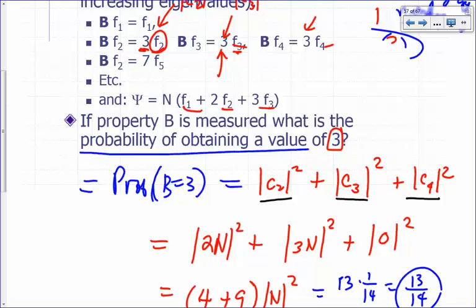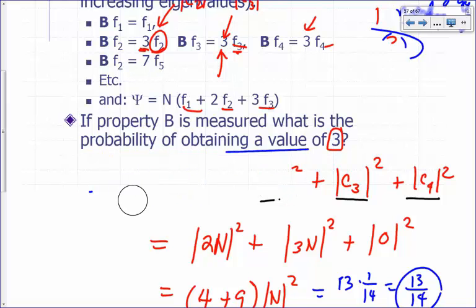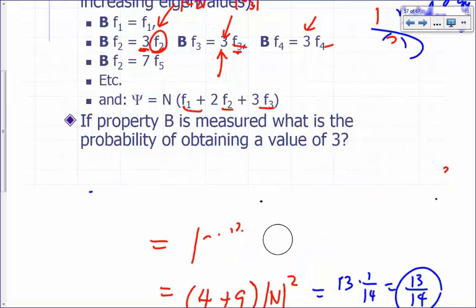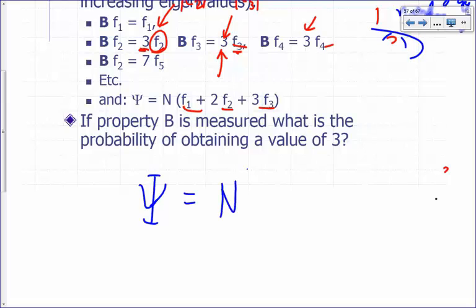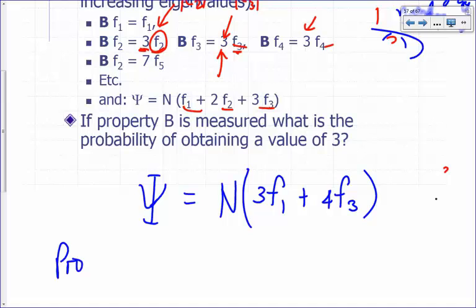Okay, let me give you another example. What if psi is equal to a normalization constant times 3f1 plus 4f3? What is the probability that the measurement of B will give you 1?